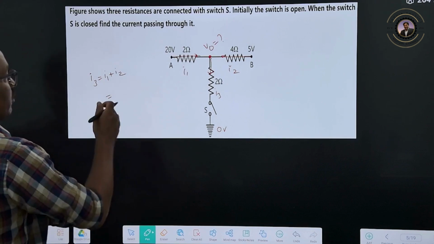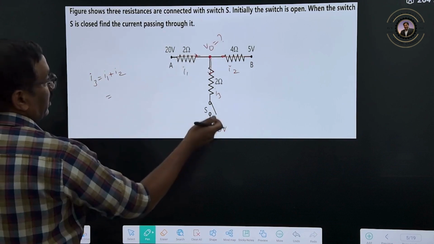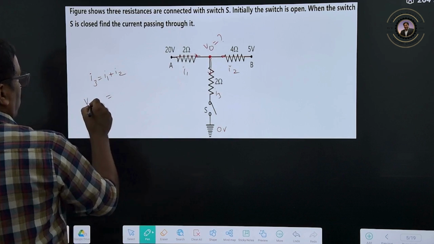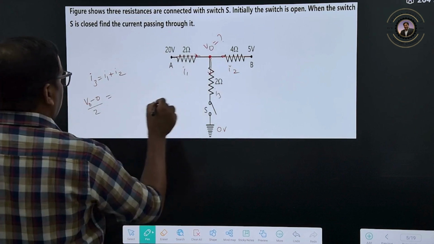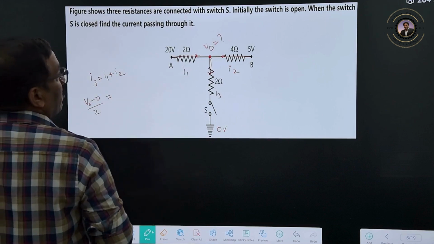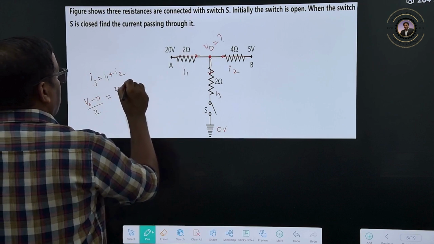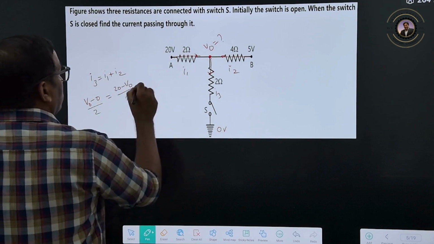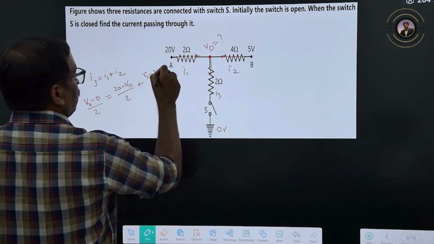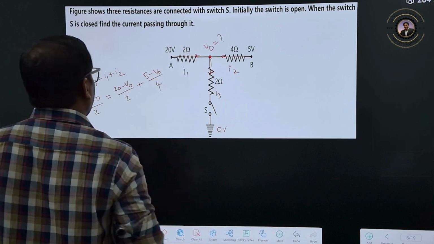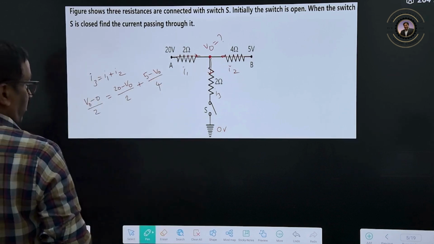So we will apply this now. Here I3 is V0 minus 0 divided by 2 ampere. So I1 is 20 minus V0 by 2 plus, this is 5 minus V0 by 4. Then we can solve it.